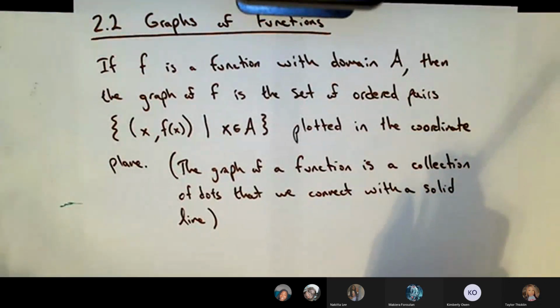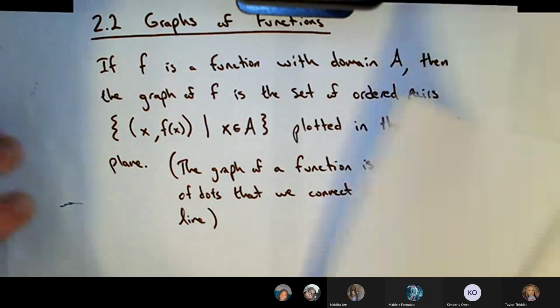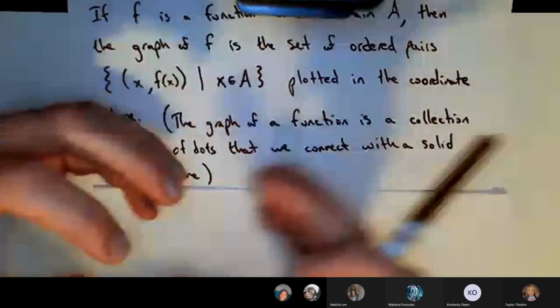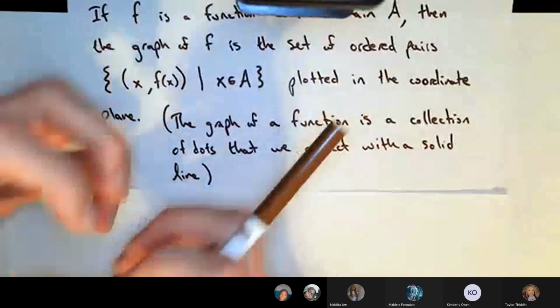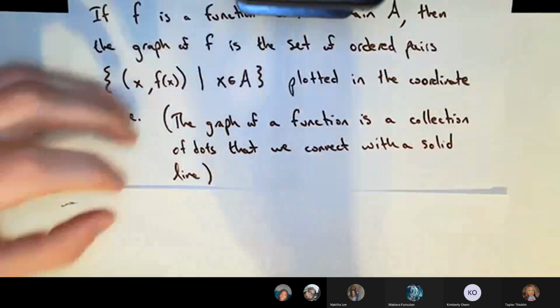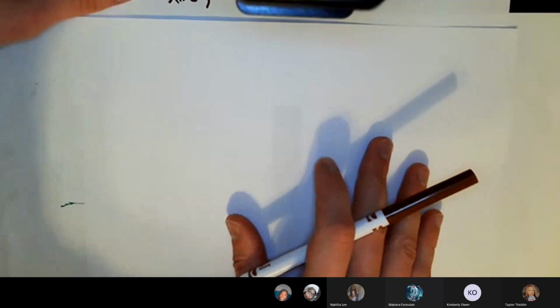So let's jump straight into some examples of this. And what do I mean when I say whatever the function is telling you to do? Well, remember, a function is a rule that takes in inputs, does something to them, and outputs new values. So that's what I mean by what the function tells you to do.